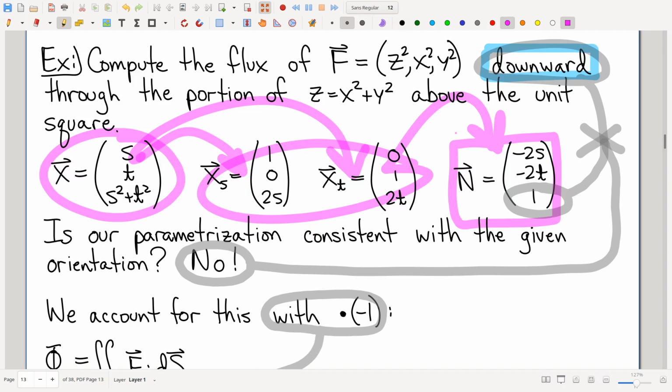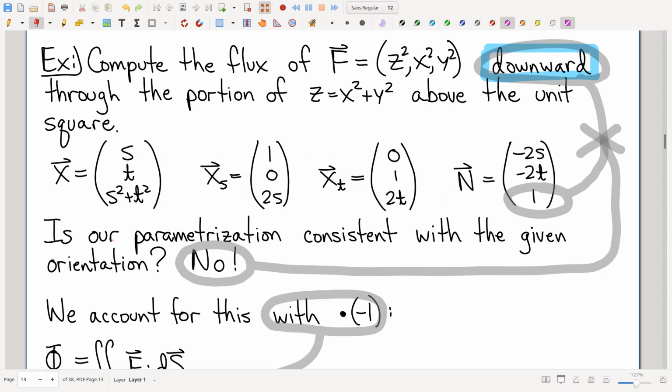This matters. This is an important minus sign. This is something you have to get right to have a good solution. So at this point, we stop. And we sort of reevaluate where we are, and we see that our surface came to us oriented downward.